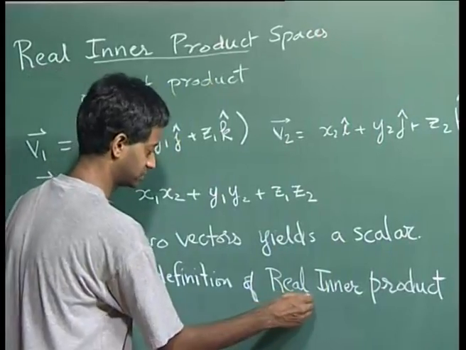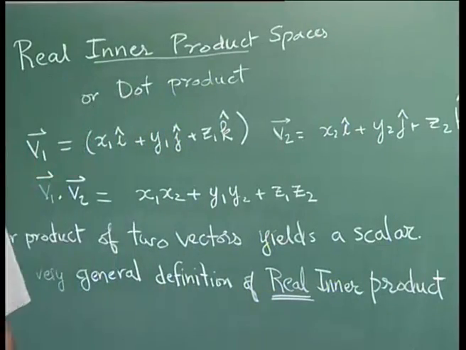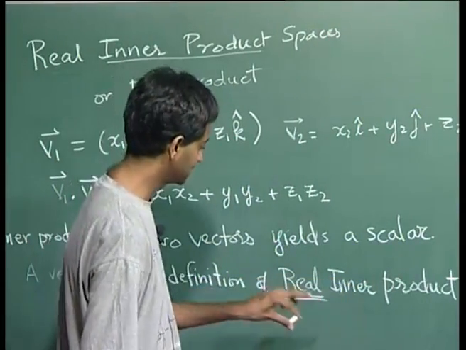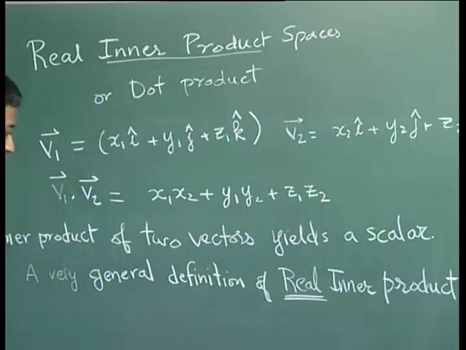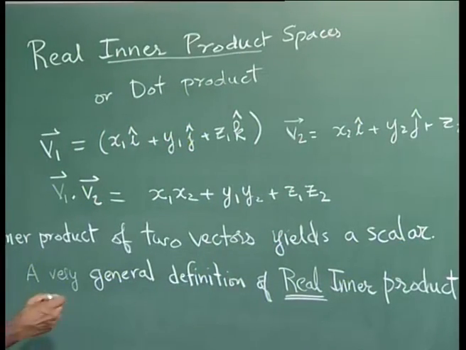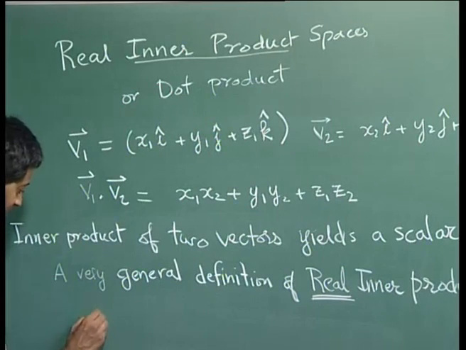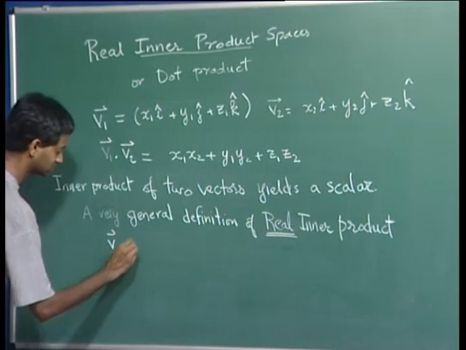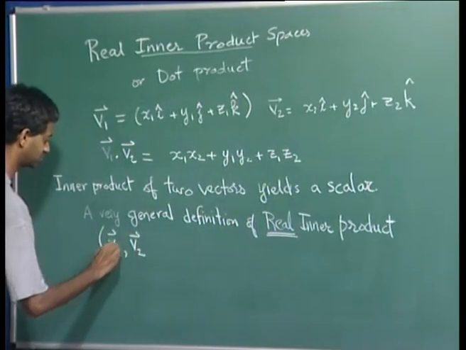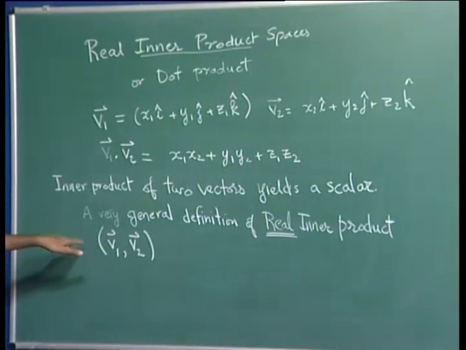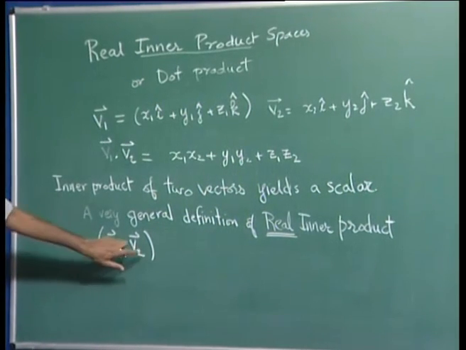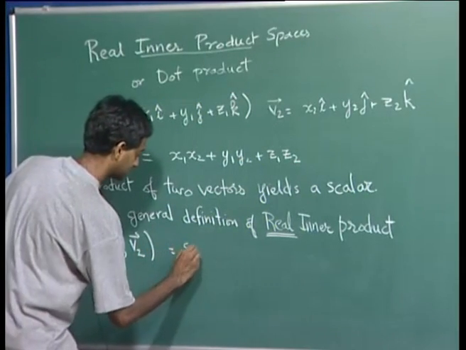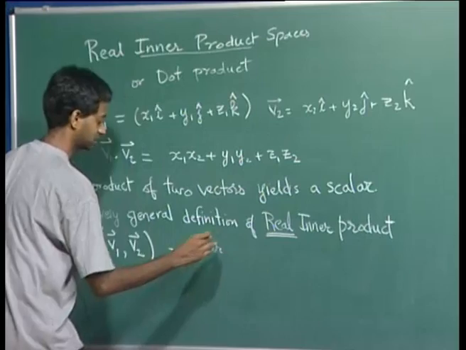And I use the term real because we are dealing with real vector spaces, and in a real inner product space, the inner product will be a real number. So, the inner product of two vectors v1 and v2 is generally denoted by this bracket. So, this is a notation for the inner product of two vectors v1 and v2, and this is a scalar or a real number.